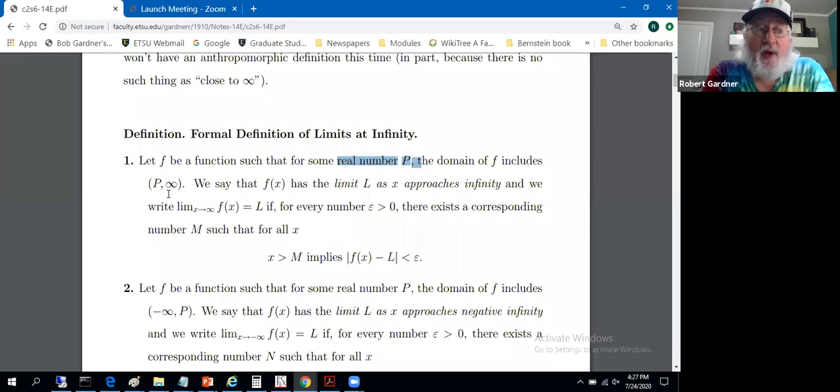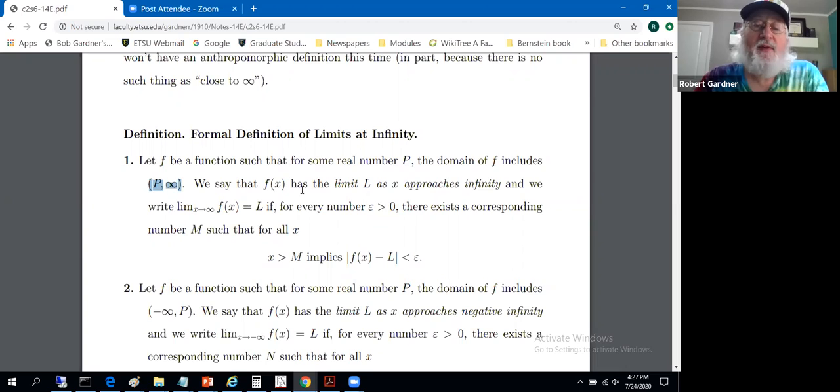Just like we wanted functions defined close to c, here we want functions defined on intervals of this sort that include x values that are big. Think of it that way. They're not close to infinity. That's meaningless. They're big and positive.